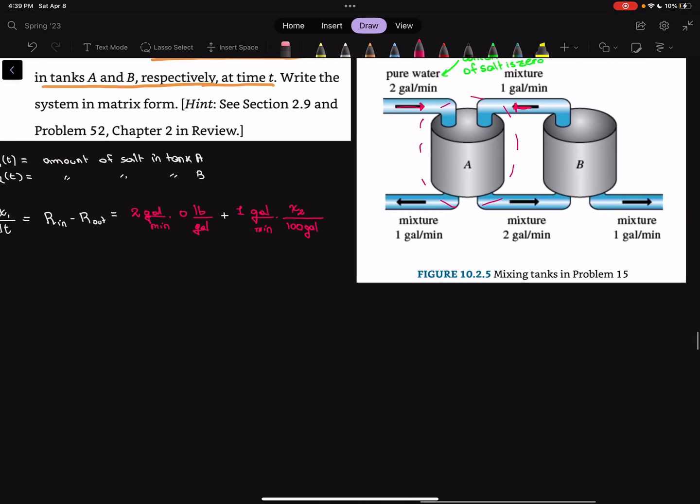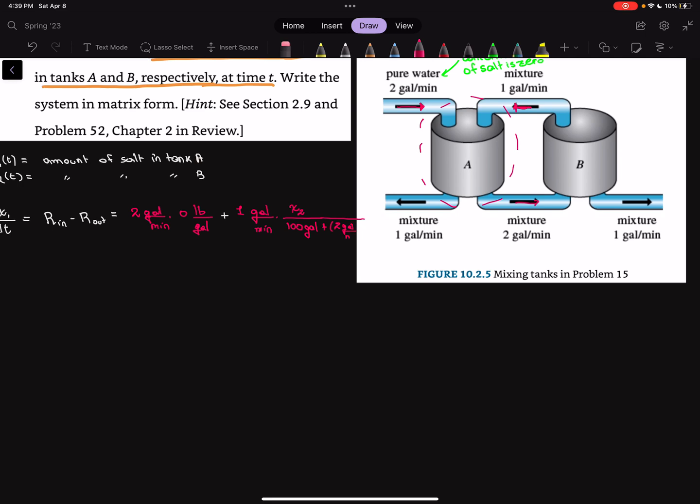Well, you'd be right, because we need to consider the fact that there's stuff coming out and there's stuff coming in. So what is the stuff coming out? Actually, let's do the stuff coming in first. We have this guy coming in, so that's going to be plus 2 gallons per minute.